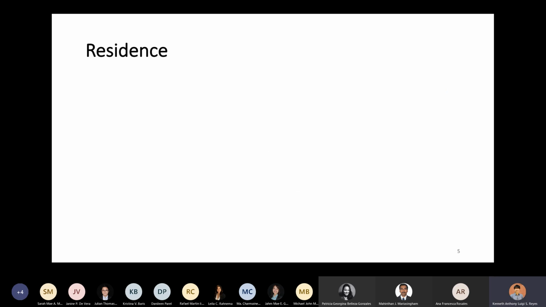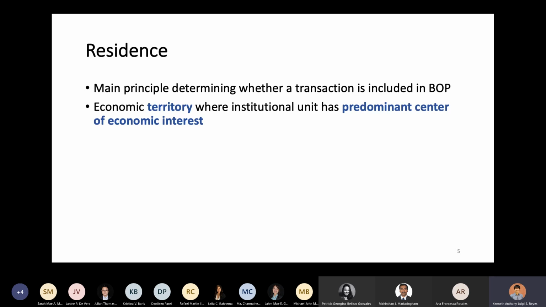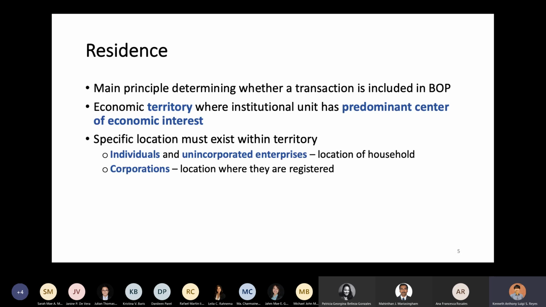Residence is the main principle determining whether a transaction is included in the BOP. So how do we define residence? The economic territory where an institutional unit has its predominant center of economic interest is where it is said to be resident; it must have a specific location within the territory.